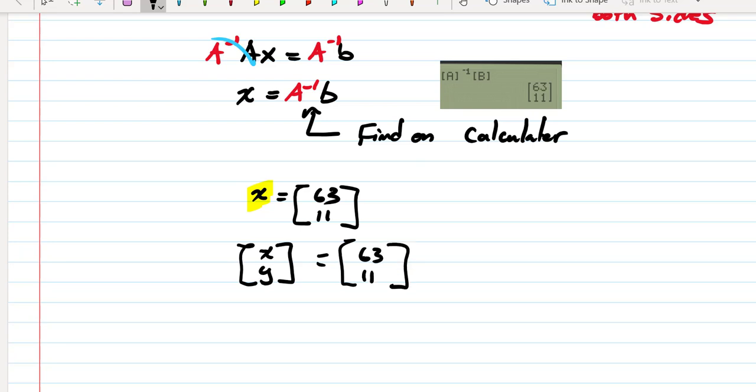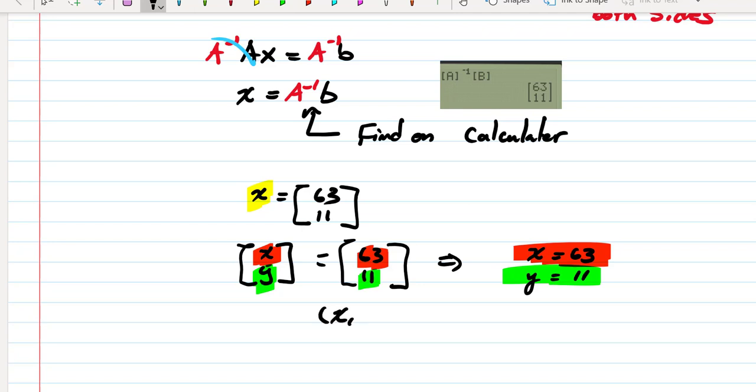If that's the case, what does X have to be? What's in row 1, column 1? 63. So X is 63. And what would Y have to be? So the solution, the ordered pair X, Y, is (63, 11).